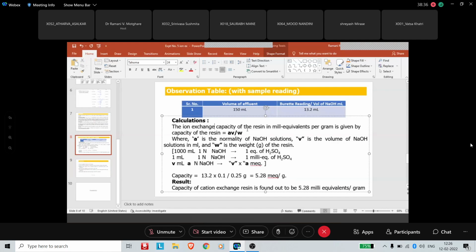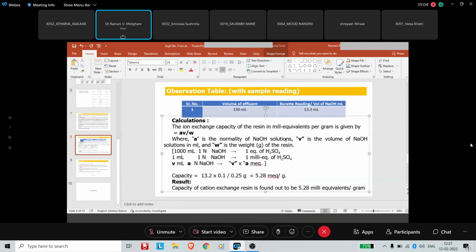The ion exchange capacity of resin in milliequivalents per gram is given by the formula AV by W, where A is the normality of NaOH solution, V is the volume of NaOH solution in ml, and W is the weight of resin taken.